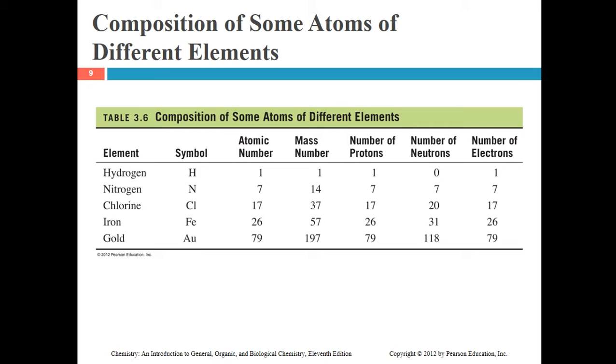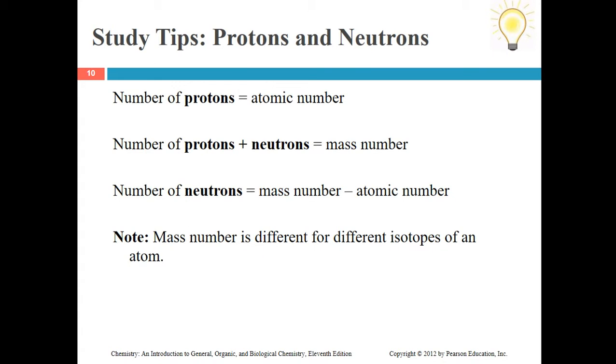So because there are 17 protons, we know there's 17 protons and 17 electrons. And you might think, well, 17 and 17 and 17, but no, there's 20. So why is it not 17? Well, that's because neutrons are neutral, so it has nothing to do with that. It has to do with the particles in the nucleus.